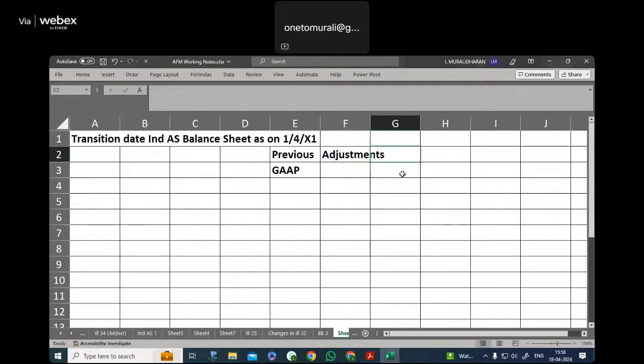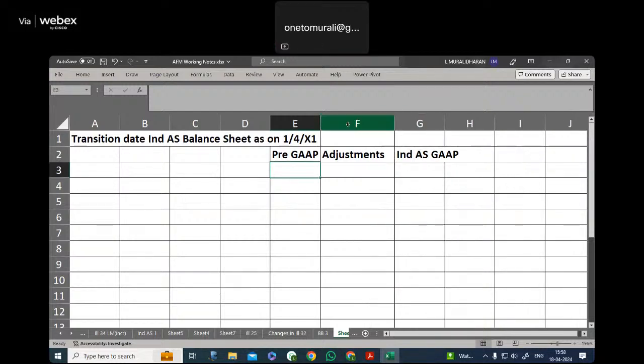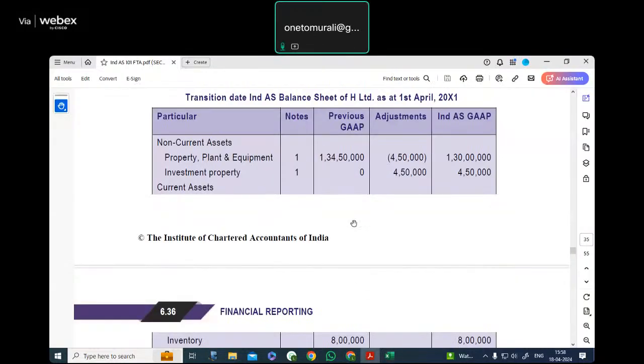Then Ind AS GAAP. So item by item we shall take.